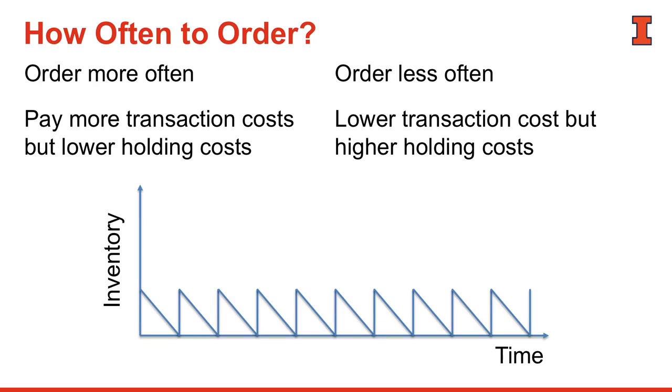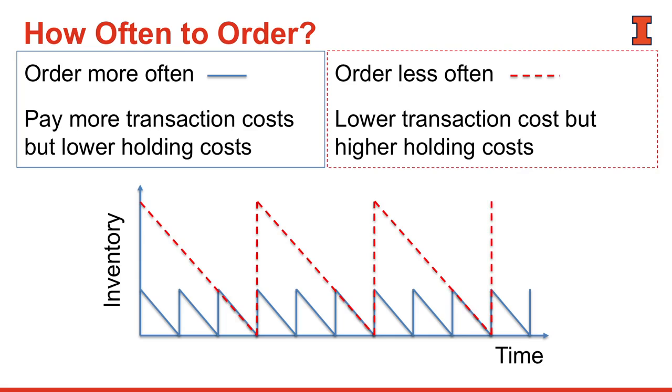If you look at the figure, the small triangles represent the case when I order frequently. As you can notice, I have a lot of orders and my inventories are lower. When I order less frequently, the dotted red lines, then I have a lot fewer orders but a lot more inventory. So the question is, how do I balance these two costs?